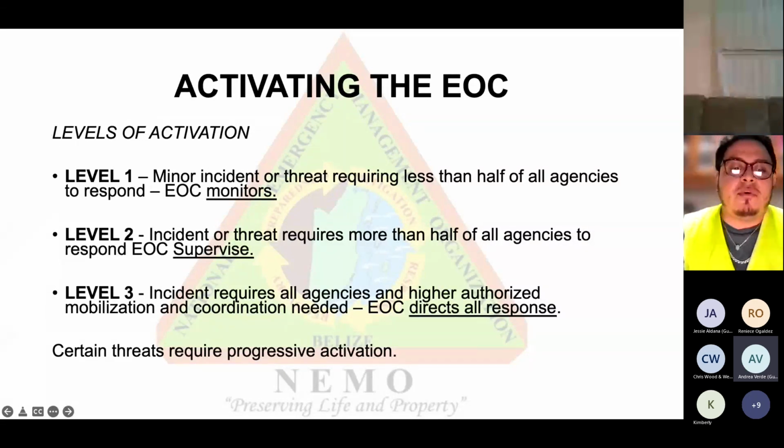Level 3 is where the incident requires all agencies and higher authorized mobilization and coordination. This is where the EOC directs all responses. We have a director position that is vacant at the moment in Corozal. The chairperson and the entire EOC are working without one. We had a past director, and I give kudos to him, Mr. Victor Recinos, a customs officer, who is now retired.